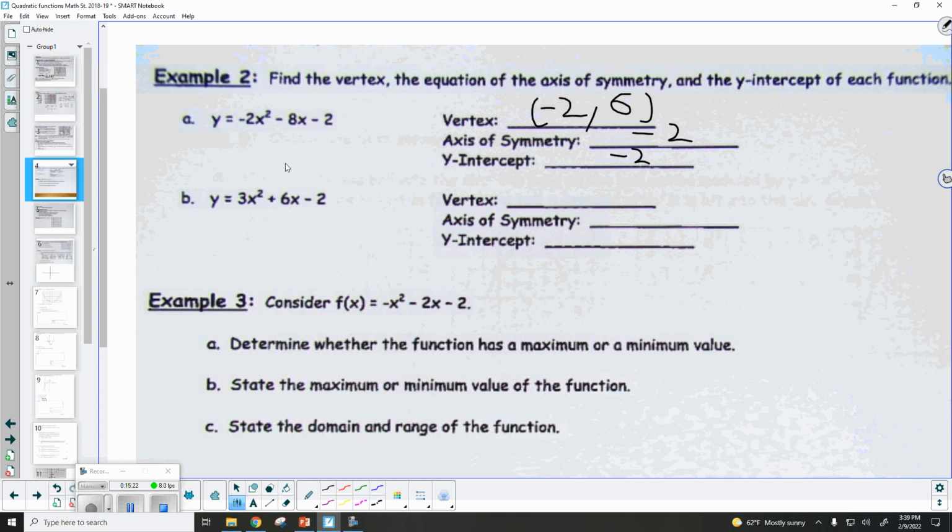We want to help him out with the axis of symmetry. Negative 1. Yeah. Okay, and then for the vertex, it'd be negative 1.